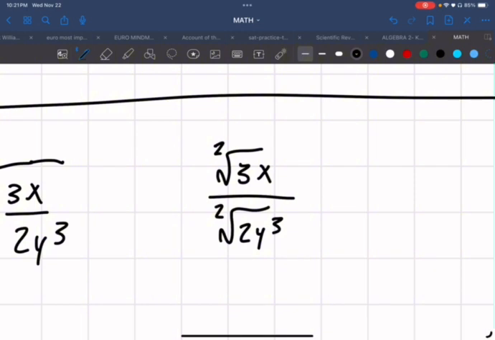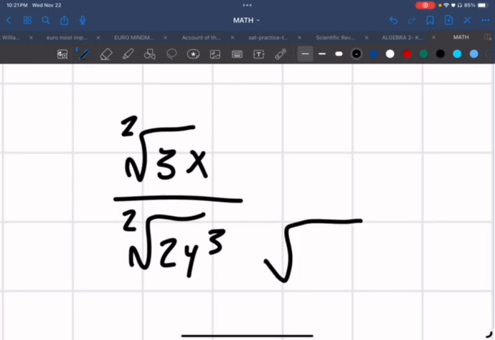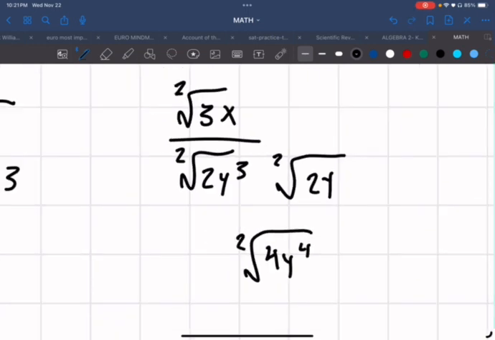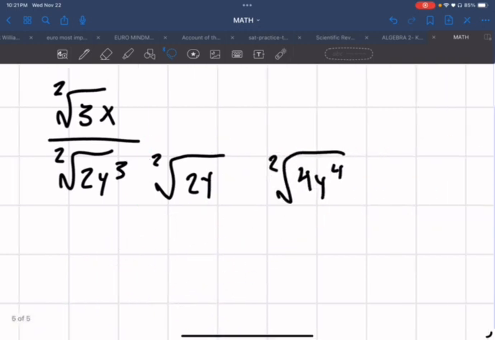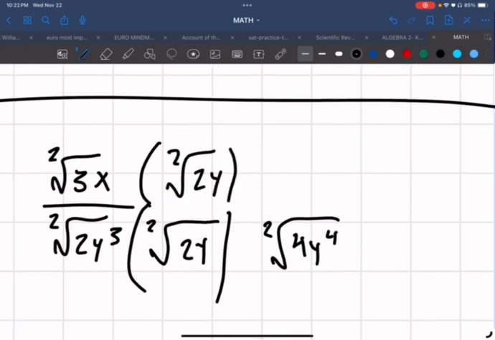So we want to get this simplifiable so we can rationalize the denominator. So let's see, if we add another 2y, so that would be 4y to the 4th. Yep, so that would work. So this would be 6x.